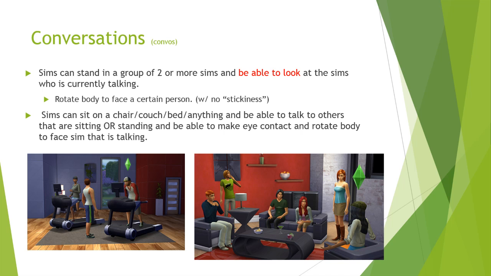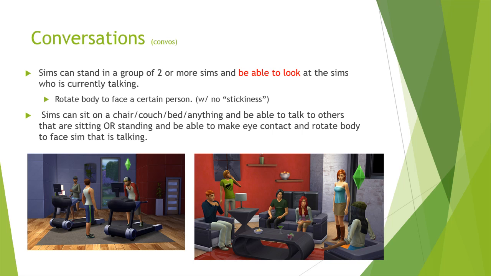Alright, getting down to the very last slide, conversations. This is so cool. Please take a look at those pictures as I talk about this. Sims can stand in a group of 2 or more Sims and be able to look at the Sim who is currently talking. If you look at the one where some of them are sitting down and some are standing, you can see that all of those Sims, except that one dude in the bright green shirt standing up, are looking at that girl with the plumbob over her head.